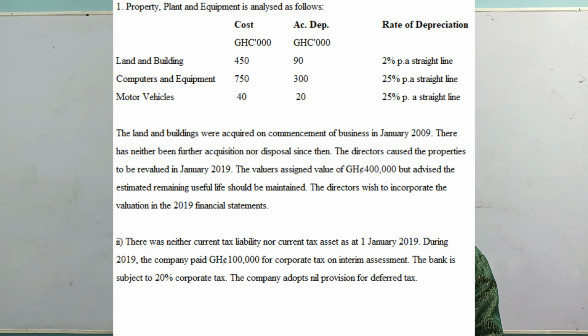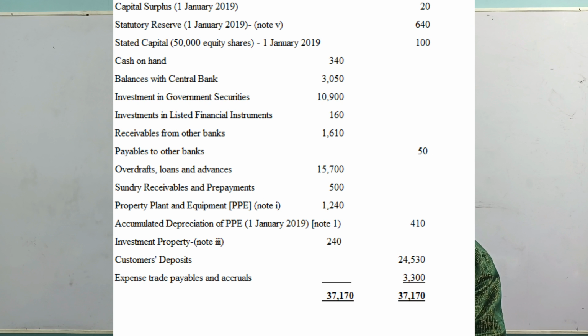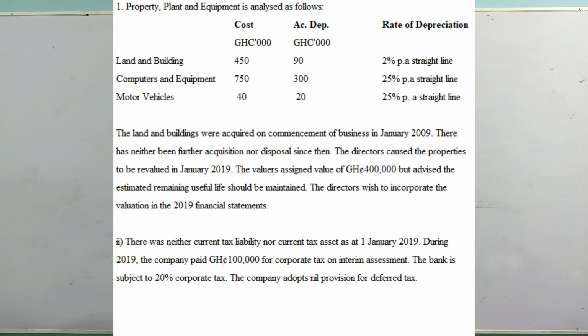Let's go back to the trial balance and check. Property, plant, and equipment note 1. You see that the cost on the trial balance is the same, 1,240. So that is the implication. Whatever is in the additional information is only explaining what is in the trial balance, but we will still read. Now, also look at the accumulated depreciation for the property, plant, and equipment. Land and buildings accumulated depreciation is 90.